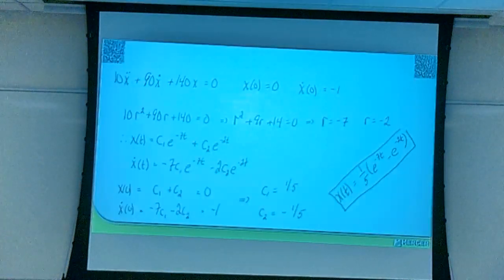Just to verify, if you take the limit as t goes to infinity, what do you get? 0, which is what it should be. Your oscillations slow down eventually back to equilibrium.